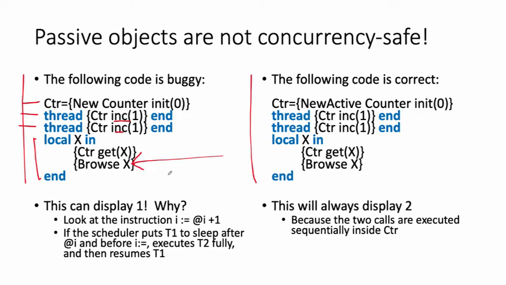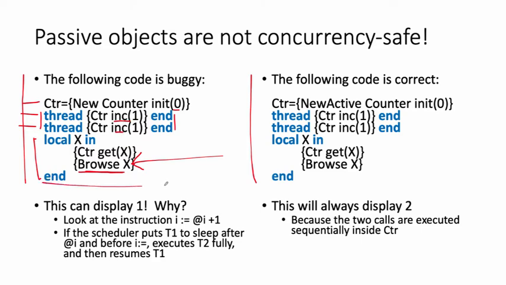Actually, it depends on the scheduler. If this browse executes first, before these two threads get executed, then the value displayed will be 0. If the browse gets executed at the end, after these two threads are executed, the value will be 2, because we have 2 increments.